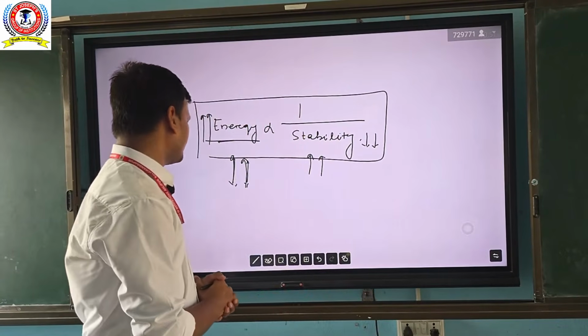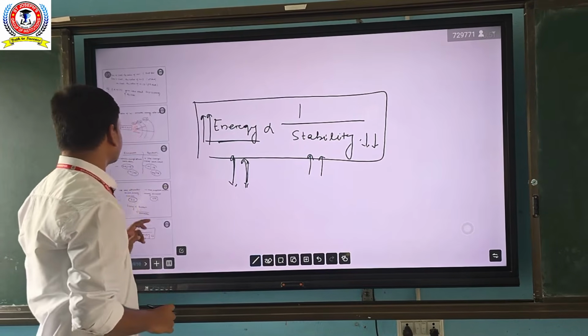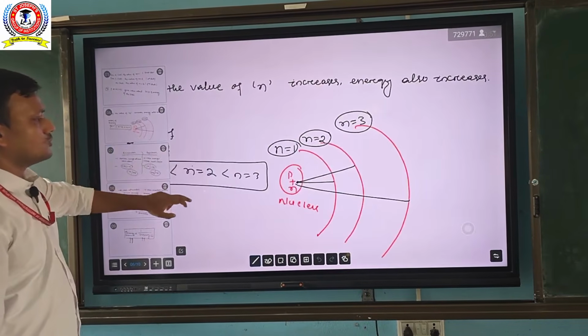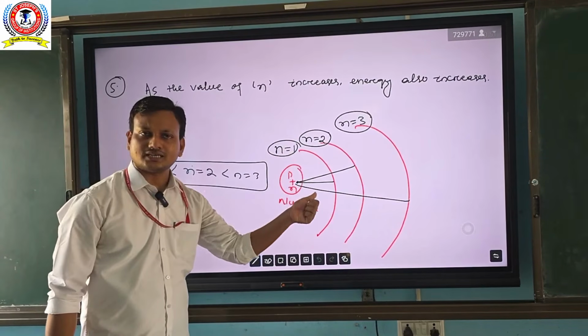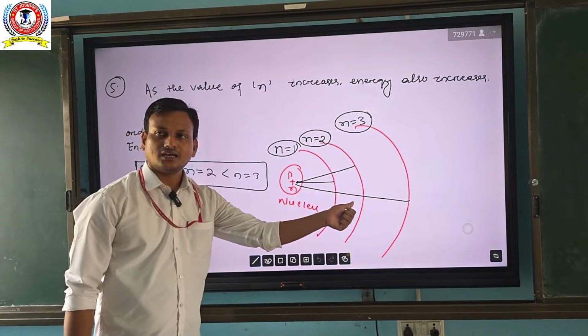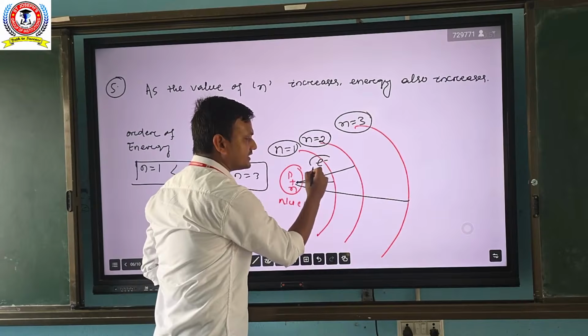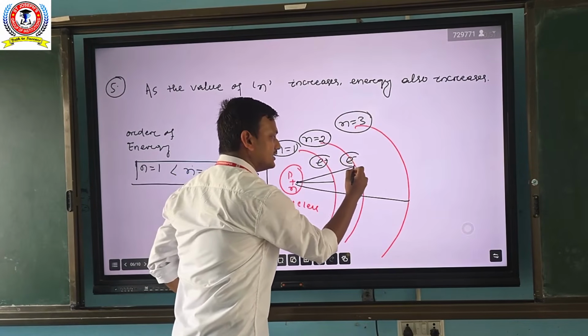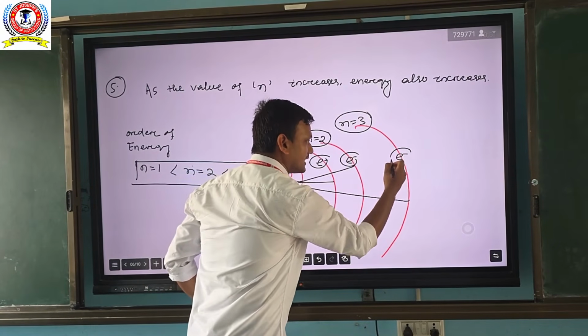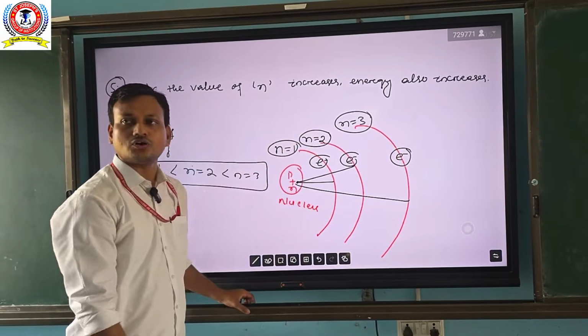Okay, let's come to the structure of the atom. We know that this is the first shell, this is the second shell, and this one is the third shell. Electrons are present in the first shell, also in the second shell, and in the third shell.